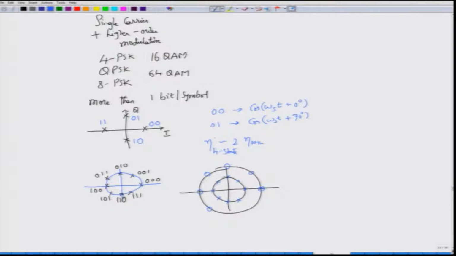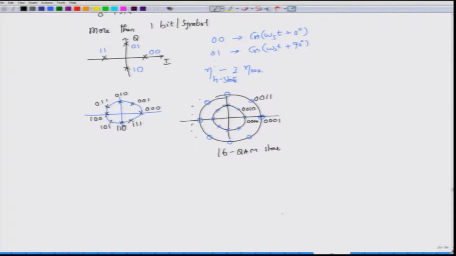If you now look at the total 16 combinations and then assign the binary counts, you can try this: 0 0 0 0, this would be 0 0 0 1, then you have 0 0 1 0 and then the corresponding bits here are 0 0 1 1. This way you can actually fill up, and we will see how to implement a modulator in order to employ this one. So, this is called 16 QAM in the star configuration, because you have 2 circles over here.